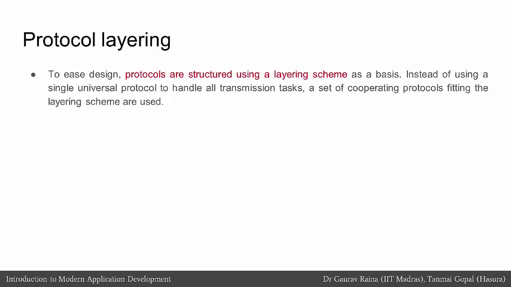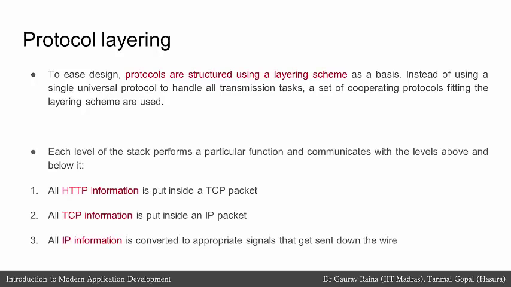Now, getting on to protocol layering, to ease design, protocols are structured using a layering scheme as a basis. Instead of using a single universal protocol to handle all transmission tasks, a set of cooperating protocols fitting the layering scheme are used.